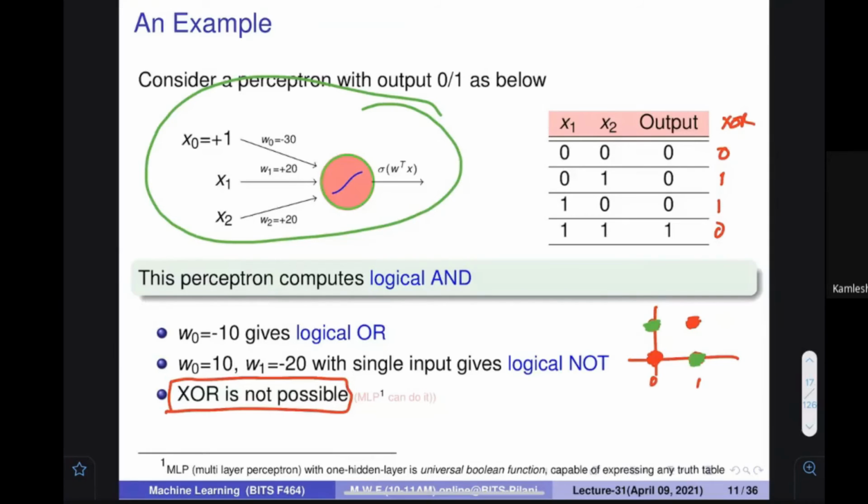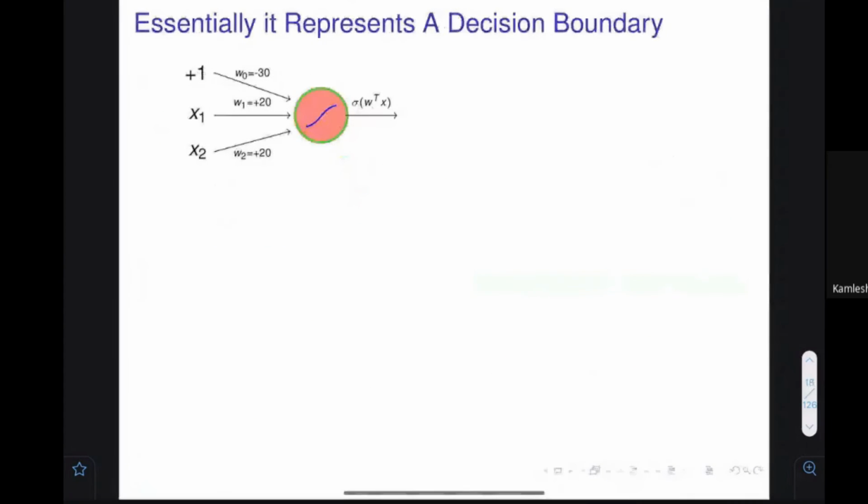Make sense? So we are just talking about the power of a single perceptron, and we have seen that a single perceptron is capable of representing basic gates like AND and NOT, and using that we can build any kind of circuits. Hope it is clear to you.